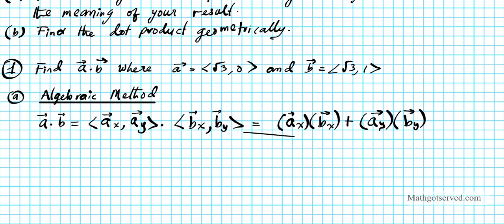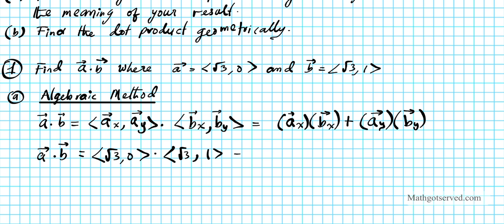Let's apply this formula to the situation we're dealing with. In the problem, A dot B is equal to the square root of 3 comma 0 dotted with the square root of 3 comma 1.